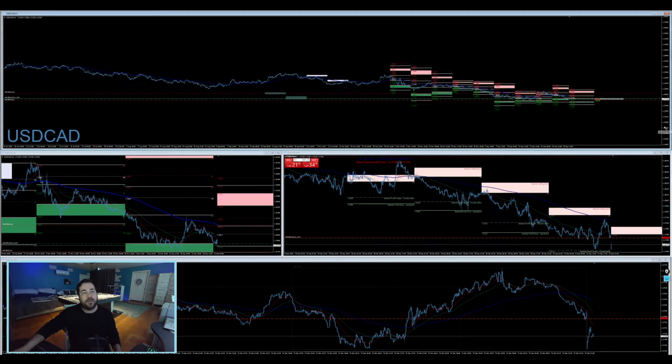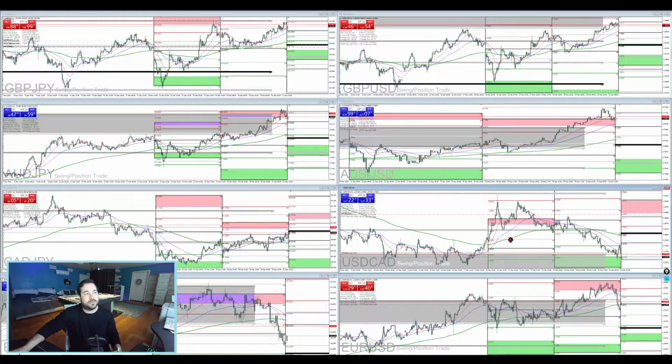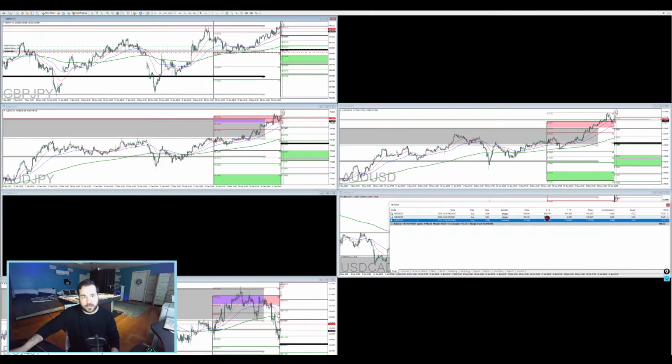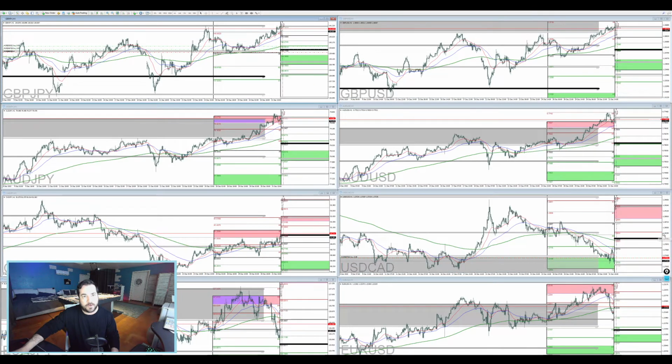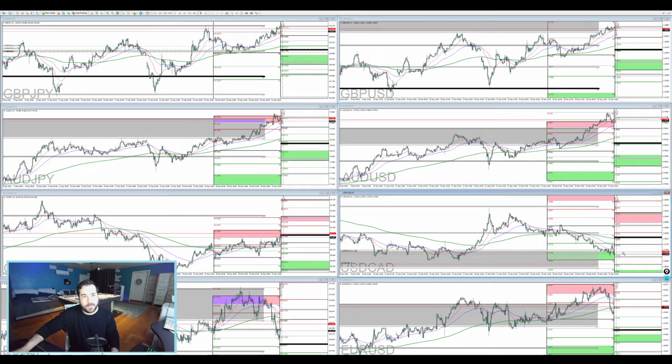Okay, so let's go back on over to my swing trade full pivots. What I am going to do now is place an alert here. I'm going to use my client's account because my alerts don't work on my account anymore. So once I go here, I want to move my stop.